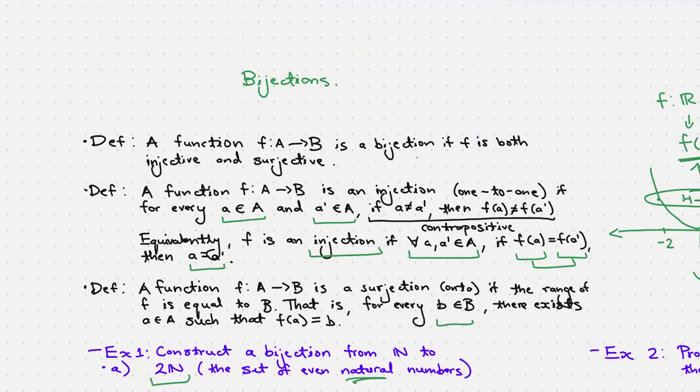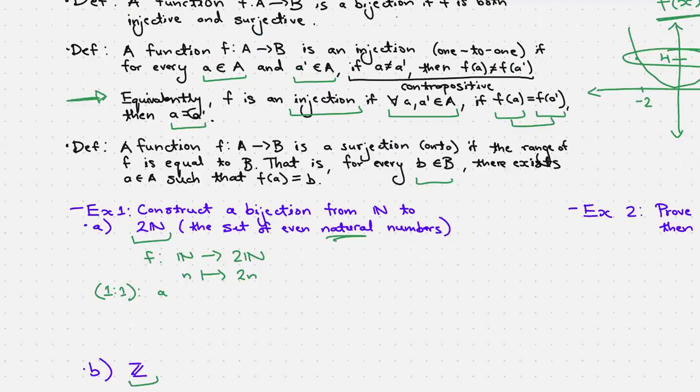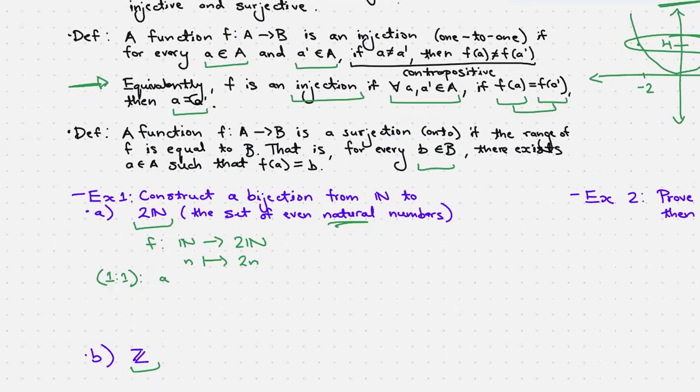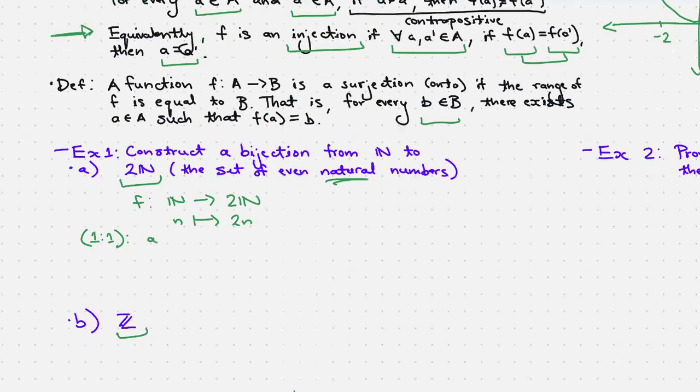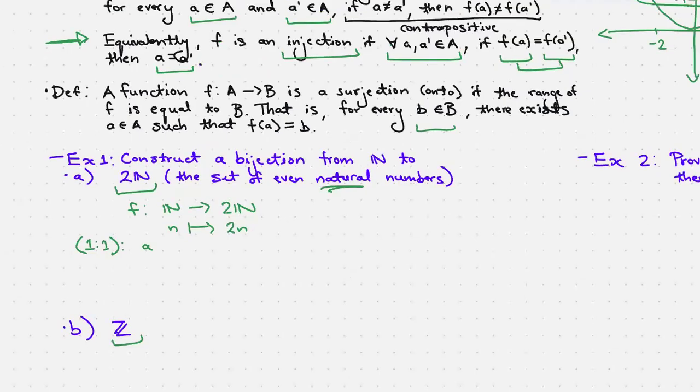But yeah, so we're going to choose some arbitrary a and a prime in the domain space, which is the natural numbers. And then we're going to see what follows if we say that f of a is equal to f of a prime. Note it's also important that these functions are well defined.